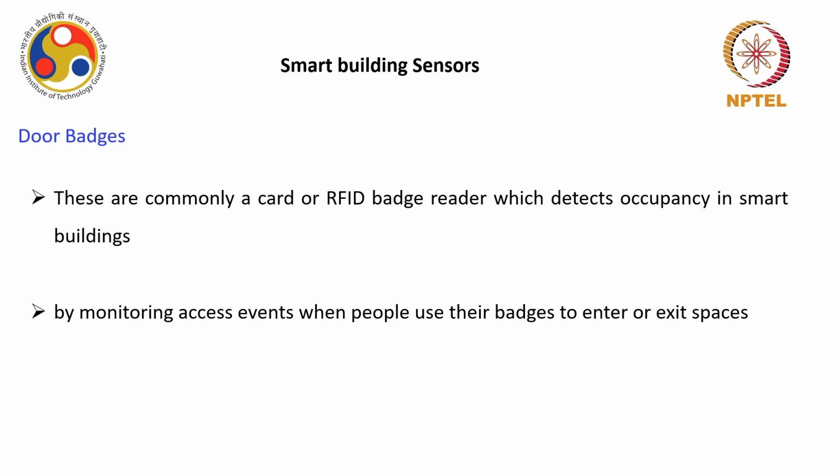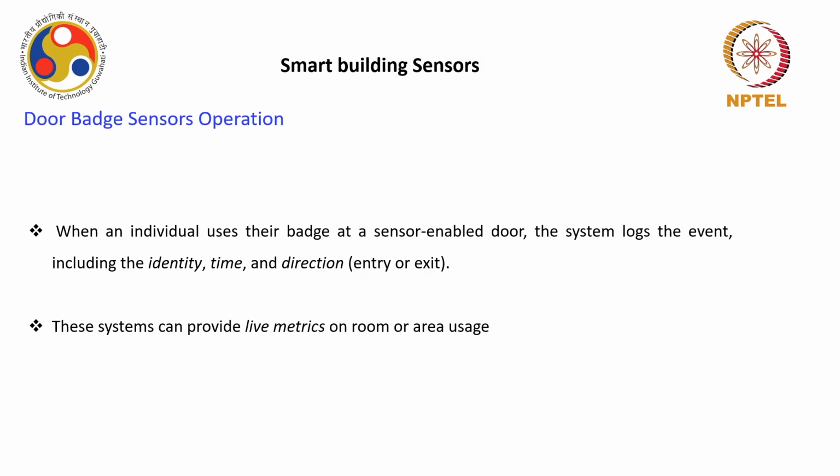These are commonly card or RFID badges, which detect occupancy in a smart building by monitoring access events when people use their badge to enter or exit a particular space. So how do these devices operate?